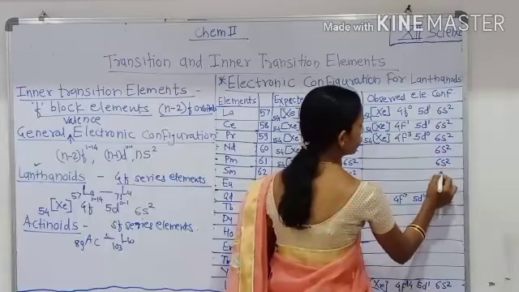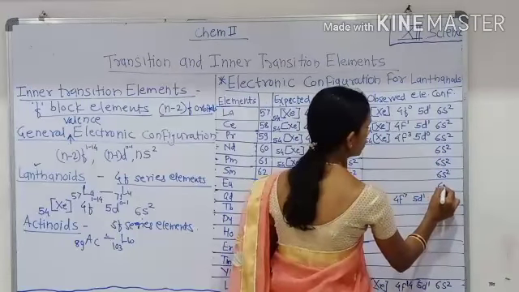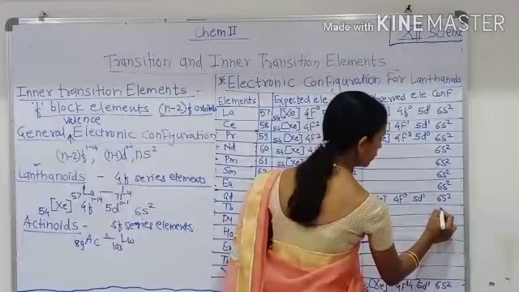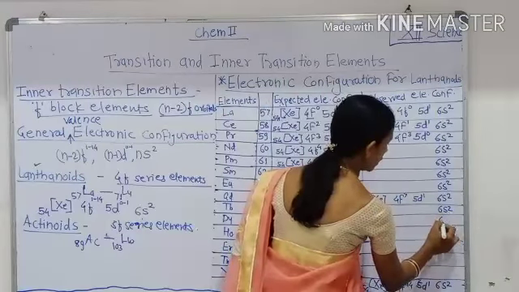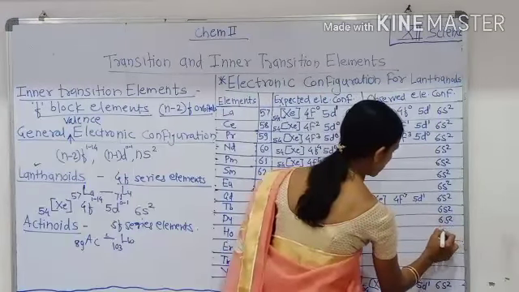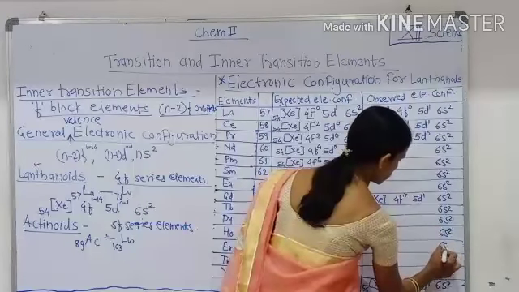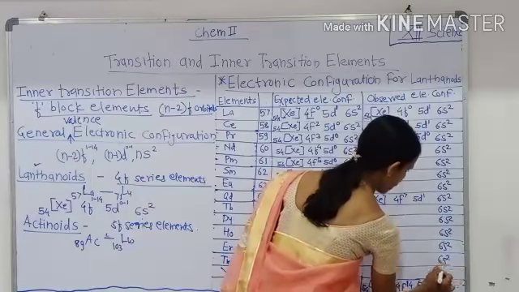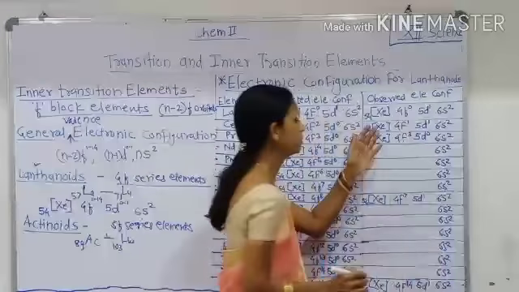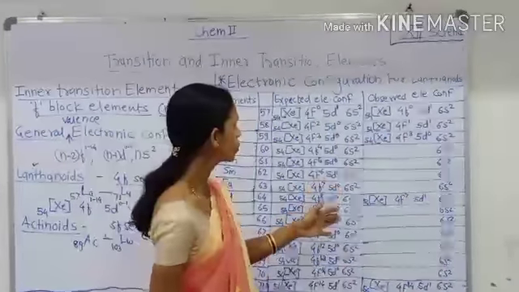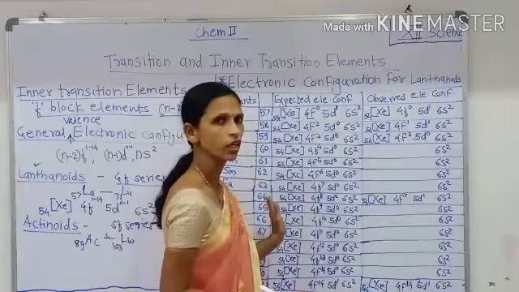That means 2 electrons are present in the 6s orbital in all lanthanoid elements, 6s2. Then we can write the observed electronic configuration for these lanthanoids easily.